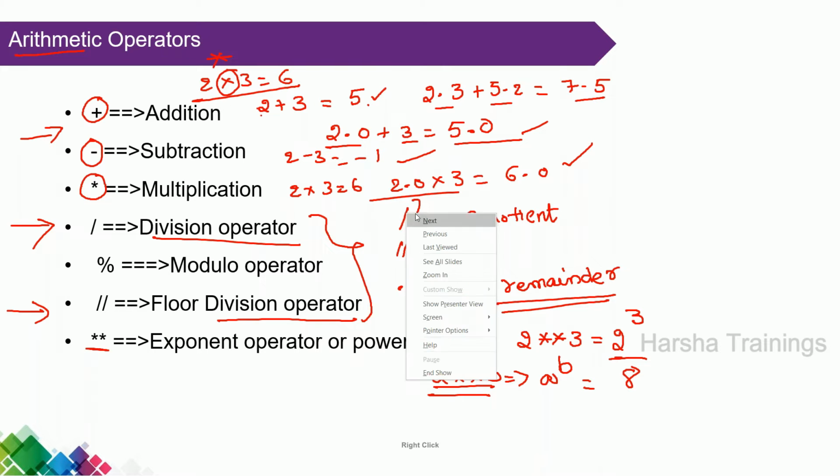Okay, now I will explain this one. 5 by 3. How are we performing this operation? 5 is an integer, 3 is an integer. In this one, we are not considering the type. So simply, for example, consider 2 for simple calculation. 5 is divided with 2.